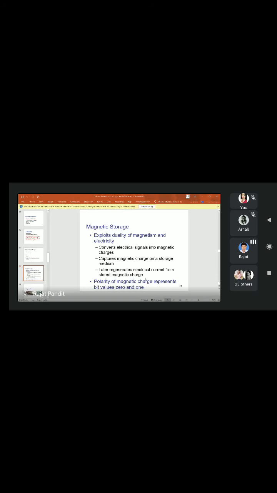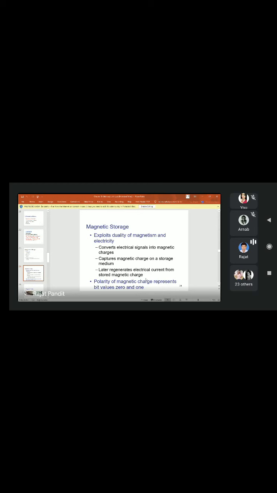Then the magnetic storage exploits the duality of magnetism and electricity. Okay. So here basically the concept of magnetism and electricity, the people from electronics, people from physics, they know the concept of magnetism and electricity. Using that property, these types of storage devices store information and similarly it is retrieved.